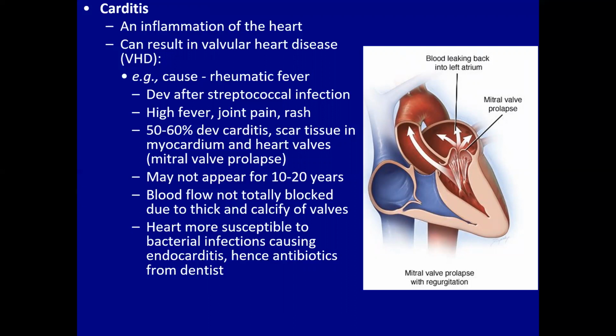Over half the people that get rheumatic fever will develop carditis, and that causes scar tissue in the muscle of the heart, in the myocardium, and in the heart valves.